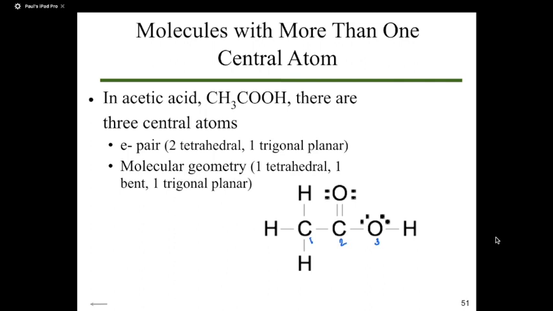Starts with tetrahedral, take off 2, it's bent, right? And so this is not perfect, but it's kind of like this. It would look like this. So you would have a shape that has a tetrahedral for one of them, a trigonal planar for the next, and the last one would be bent, although the angle's a little off on this one.